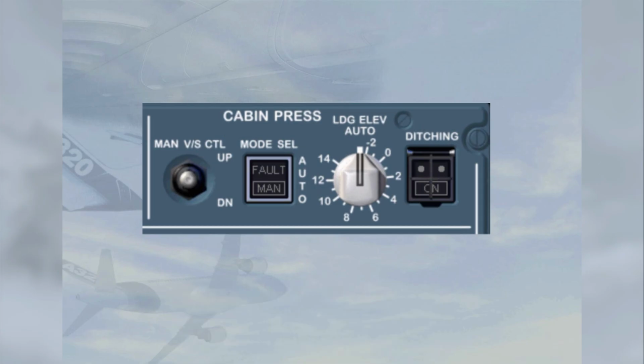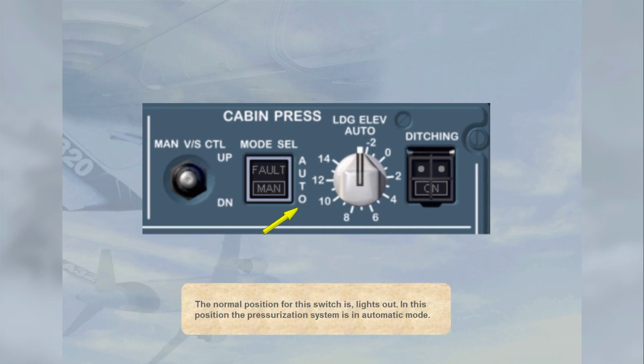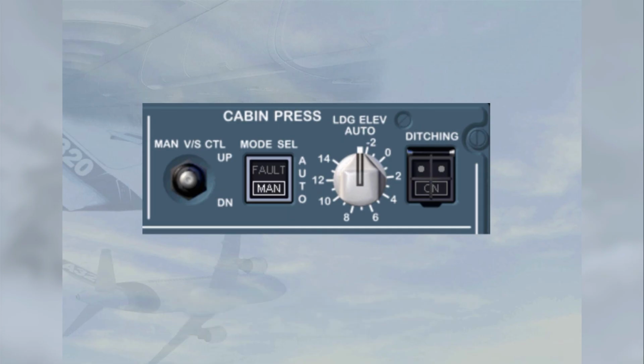The normal position for this switch is lights out. In this position, the pressurization system is in automatic mode. The use of manual mode and the manual vertical speed control will be discussed in the abnormal operation module.